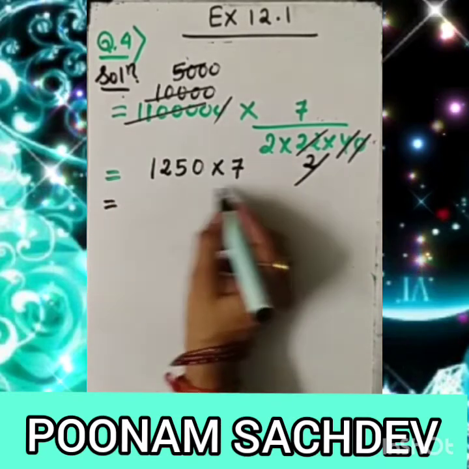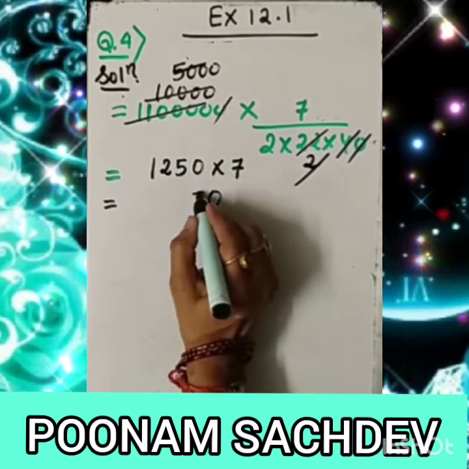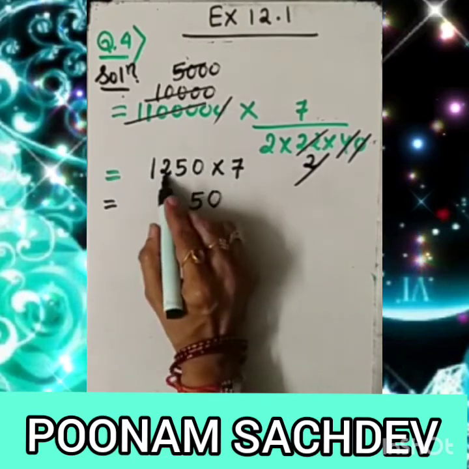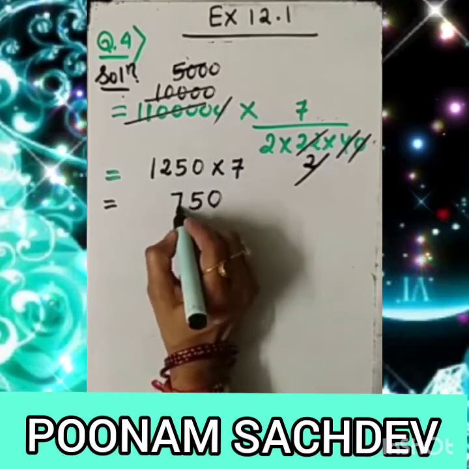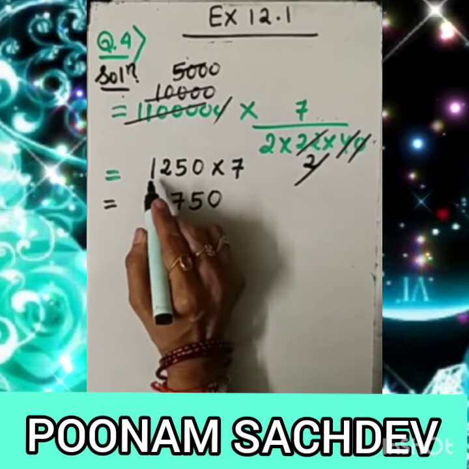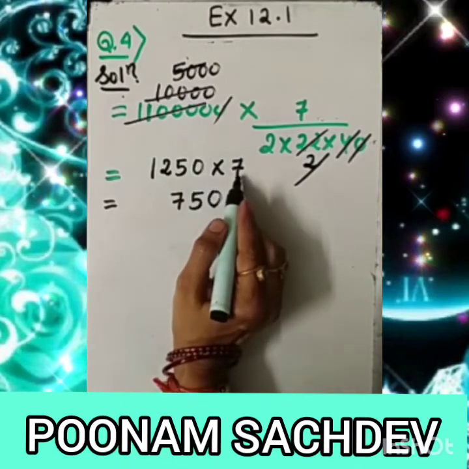So the product of this will be 0 multiplied by 7 is 0, 7 fives are 35, 3 carry over, 7 twos are 14 plus 3, that is 17, 1 carry over, and this is 1, 7 ones are 7.